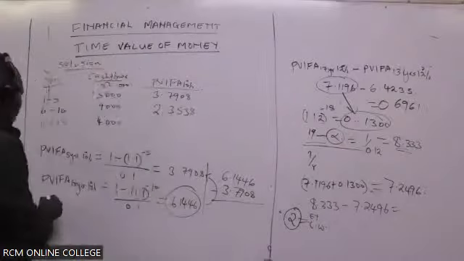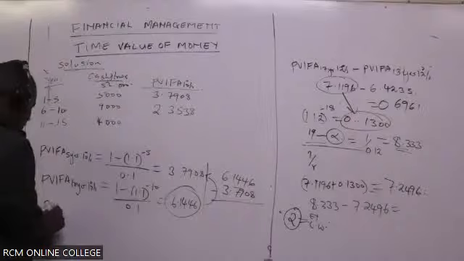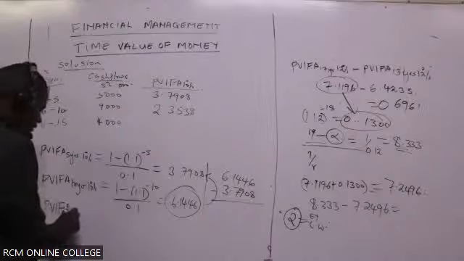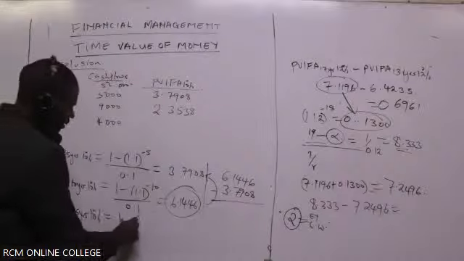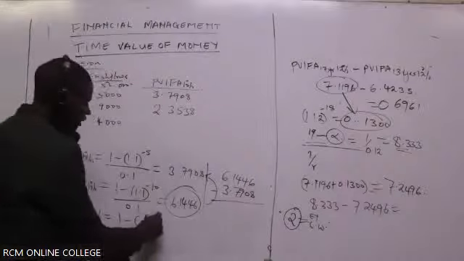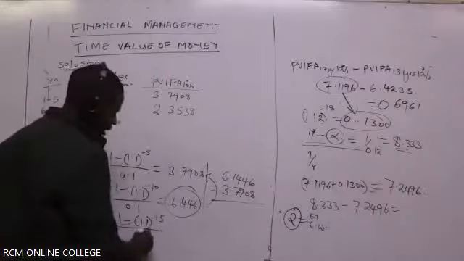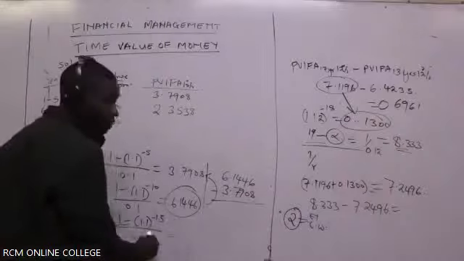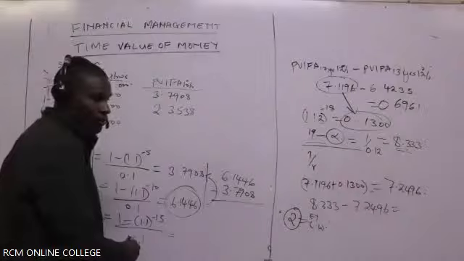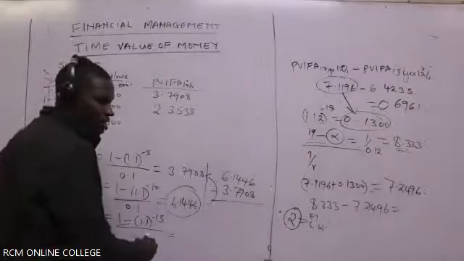And then the last one is for 15 years. PVFA 15 years, 10% is equal to 1 minus 1.1 raised to power negative 15 divided by 0.1. What did you get for 15 years? 7.6061.